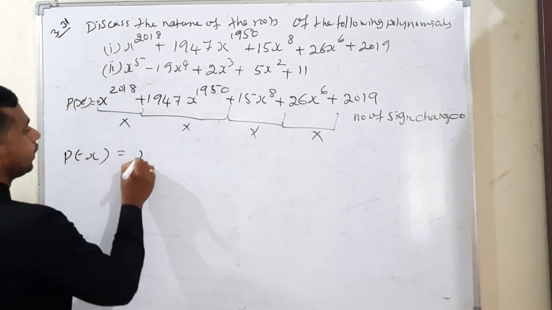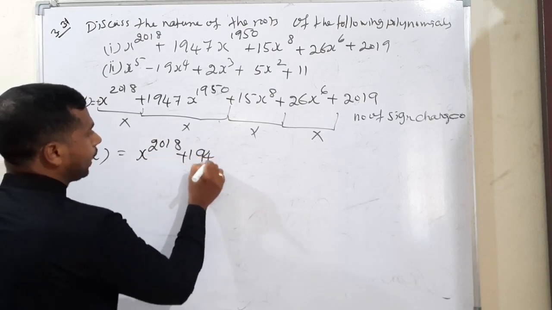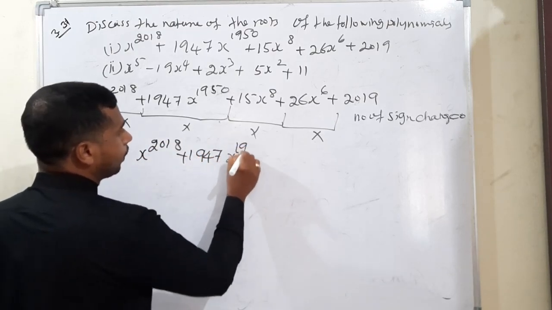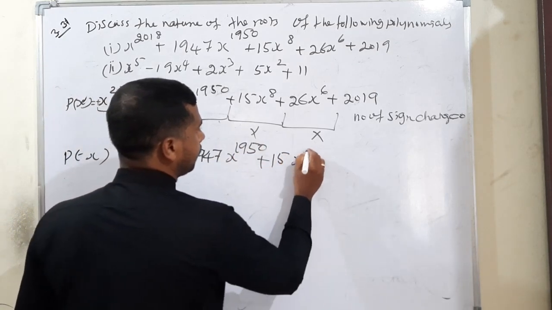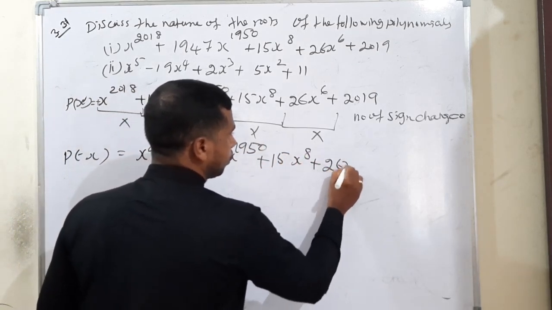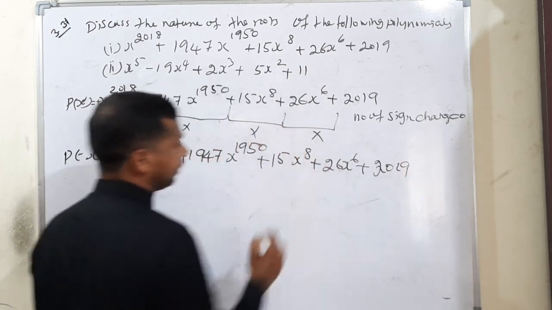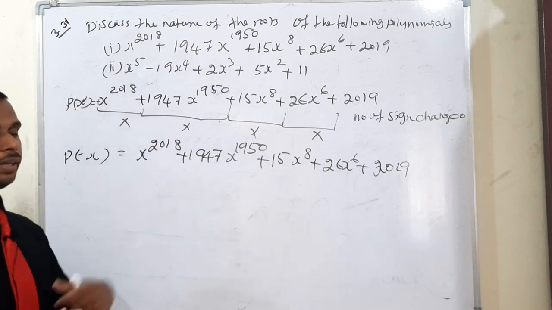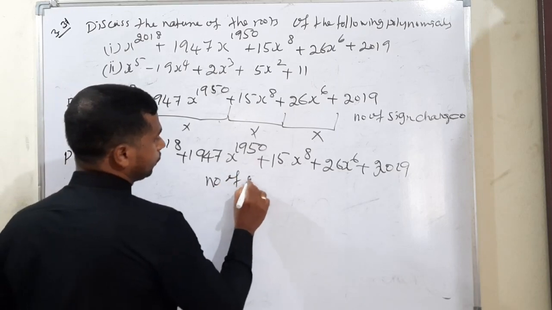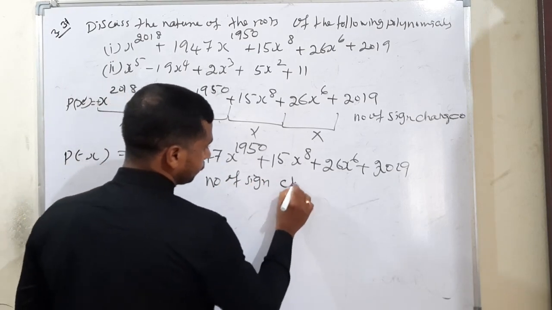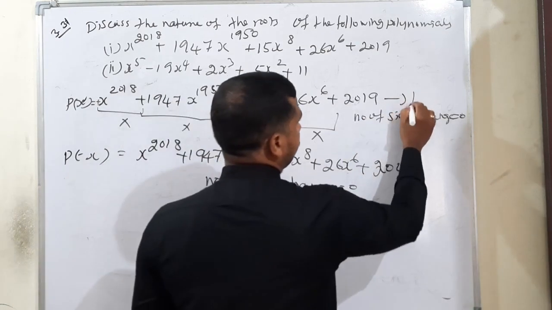We can write the same expression: x to the power 2018 plus 1947 x to the power 1950 plus 15 x to the power 8 plus 26 x to the power 6 plus 2019. Therefore, P of minus x also has no sign change, so the number of sign changes is equal to 0.